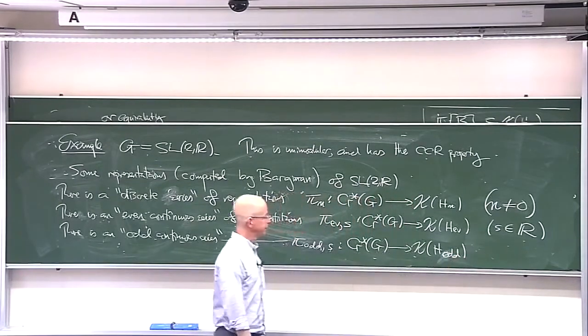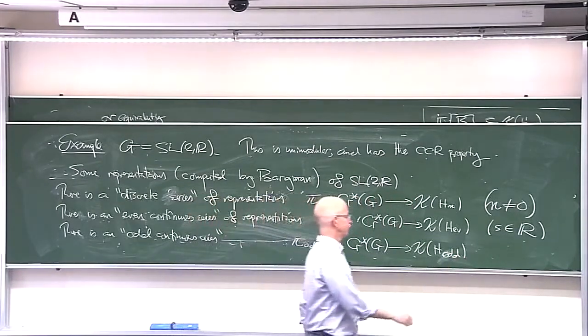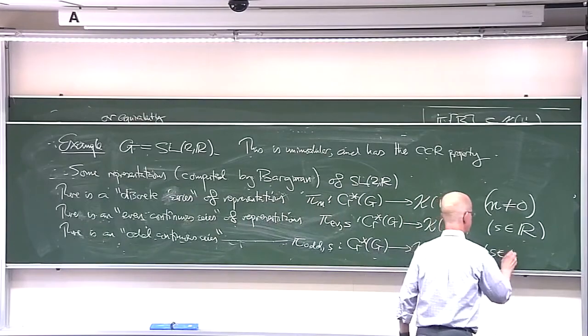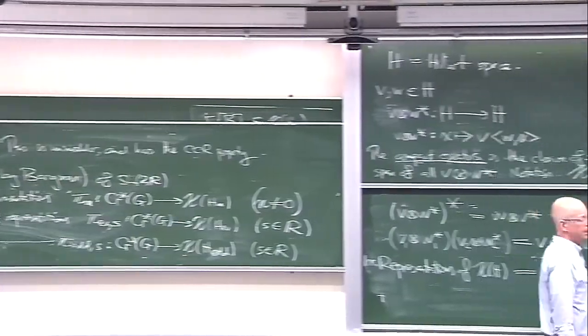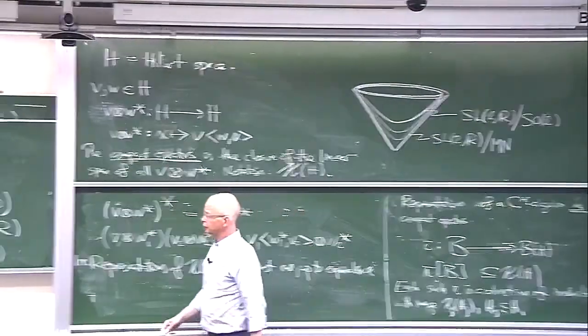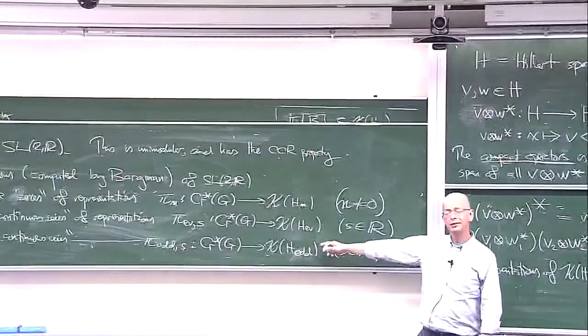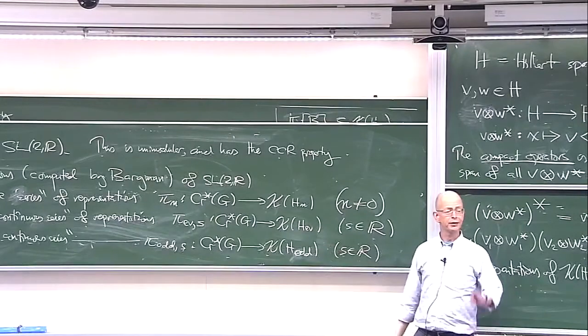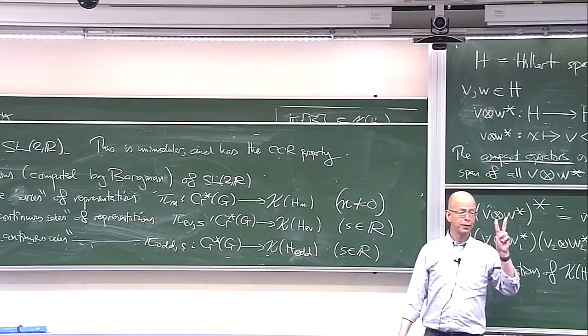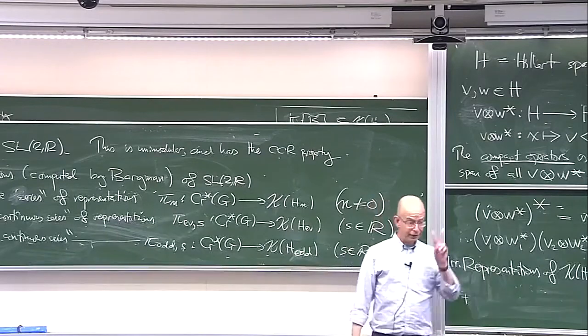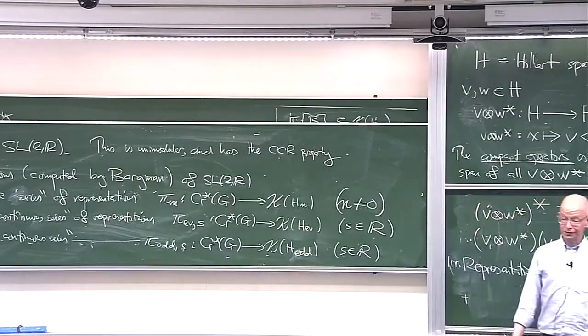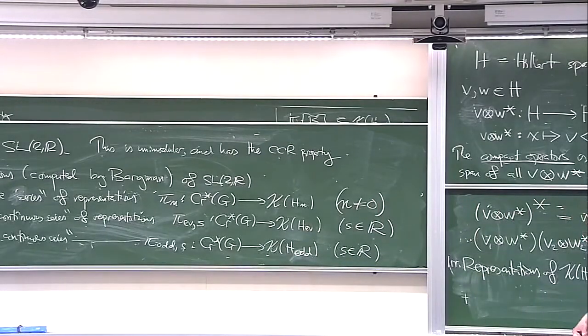In a natural way, you can identify all of the Hilbert spaces, and I'll call it H. There's a small footnote about the odd series, which is that when you get to s equals 0, the representation actually isn't irreducible. It's a direct sum of two irreducible representations.